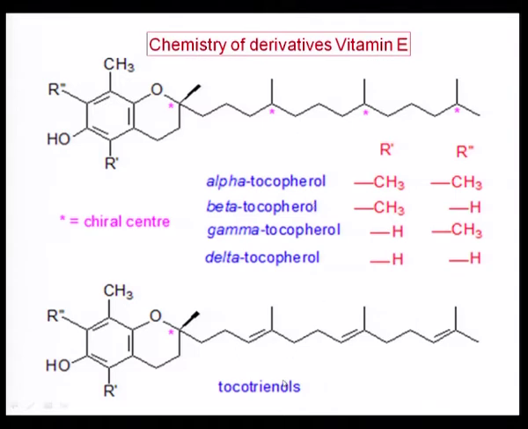Most of the vitamin E from vegetable and plant sources contains tocotrienol, because vegetable oils contain polyunsaturated or monounsaturated fatty acids, whereas tocopherol mostly comes from animal sources, like egg yolk, which are a good way of obtaining natural tocopherol.